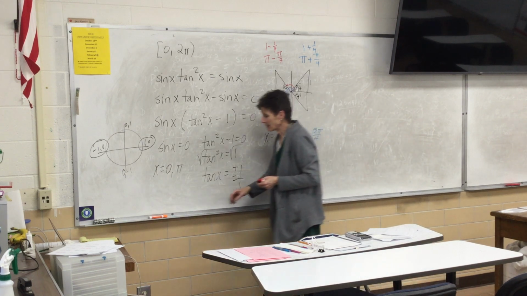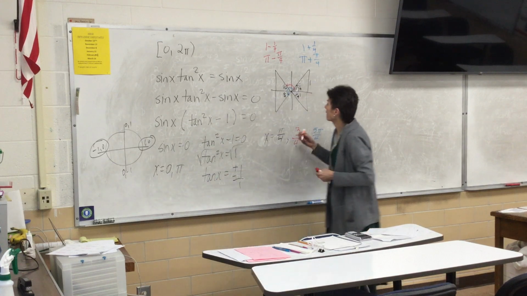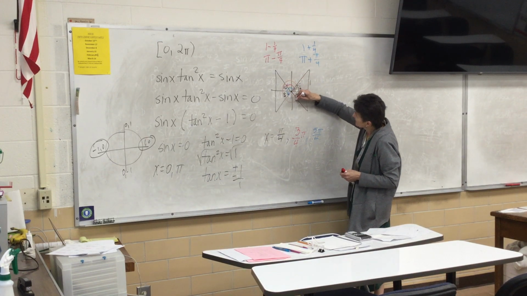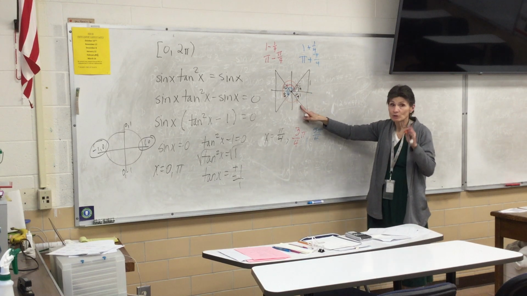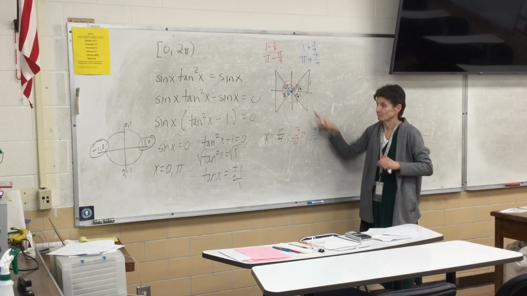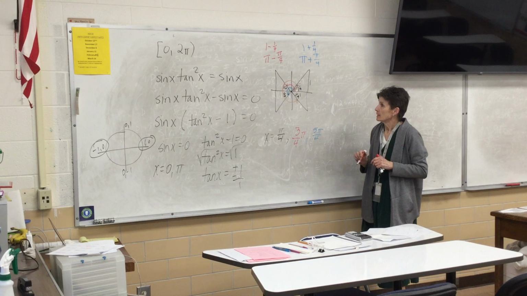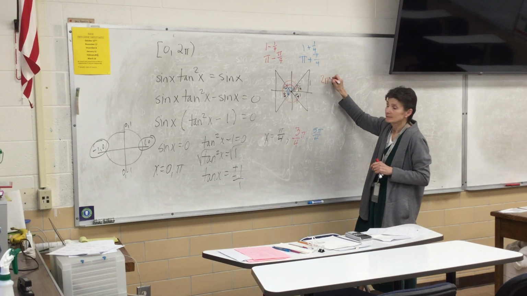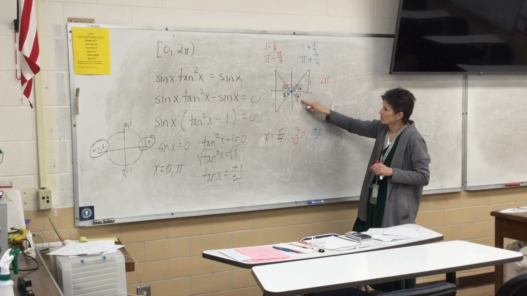And then finally, I gotta go all the way around to the next diagonal line. So all the way around is 2 pi, but I skipped this part.